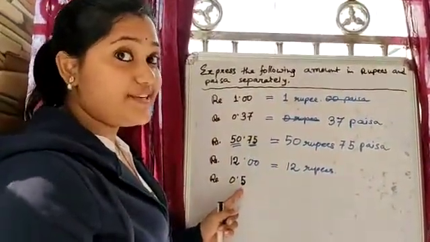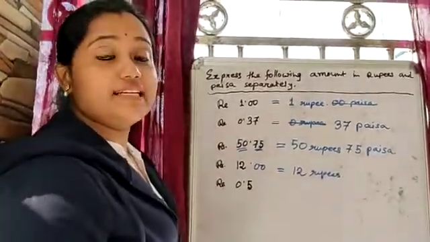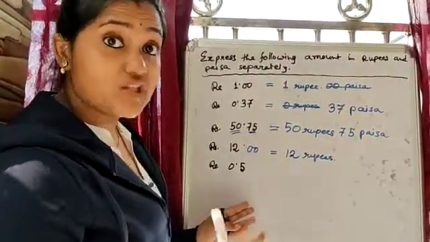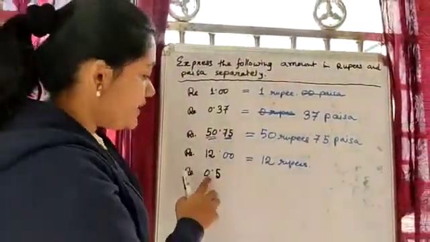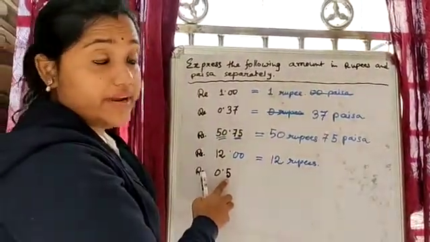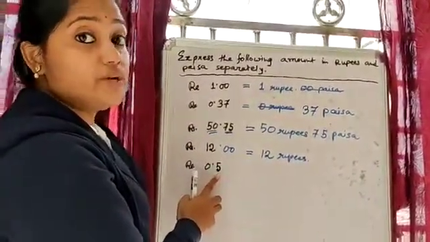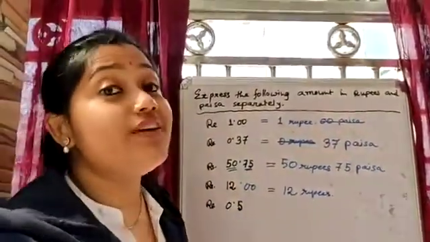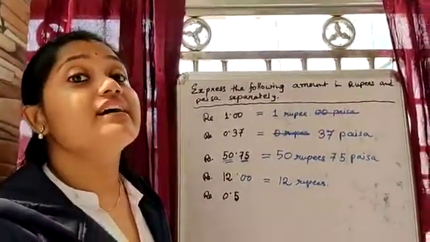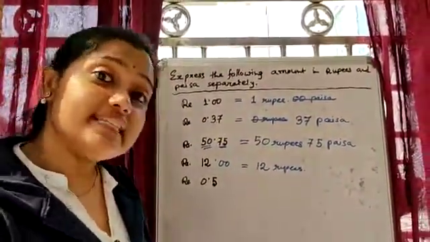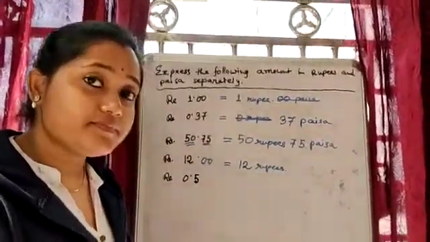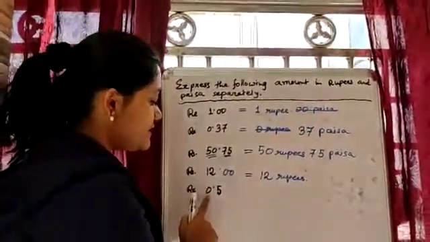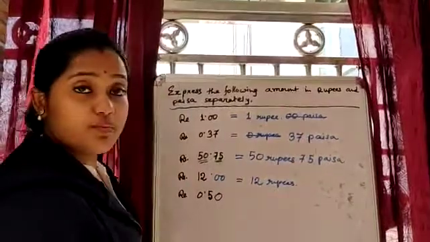Now the next one is 0.5. Now check, this one is very interesting. What have I told? When we convert rupees to paisa, you need to divide by 100. So 2 digits are required. But here after the decimal point only 1 digit is there. So we need to convert that 1 digit into 2 digits. How can I do it? Use the concept of equivalent decimals and write 0.5 is equal to 0.50.